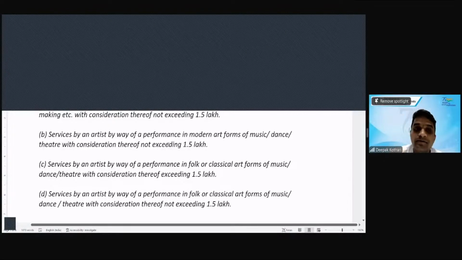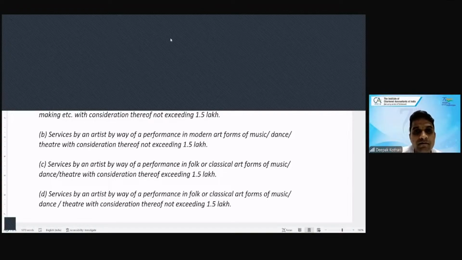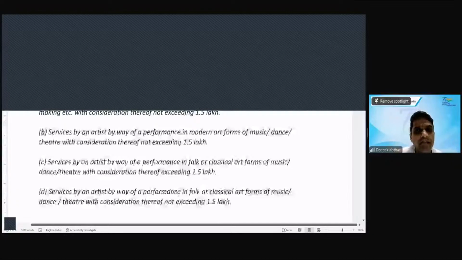Yes, sir. वर्ड डॉक्यूमेंट विजिबल नहीं है.